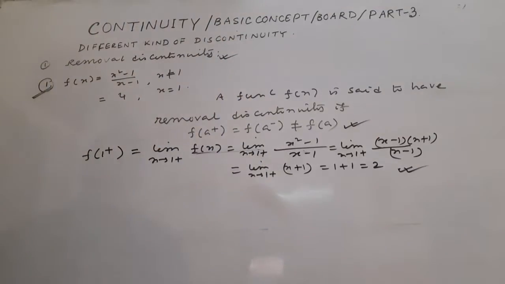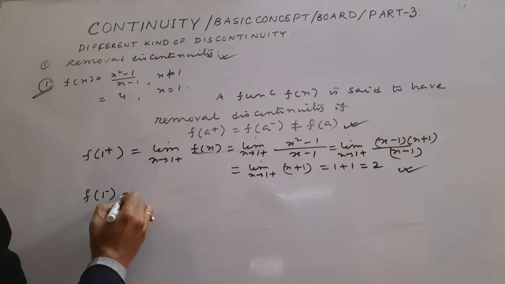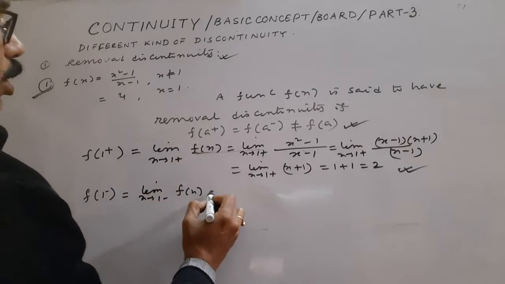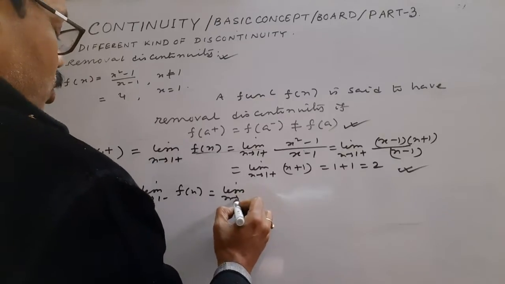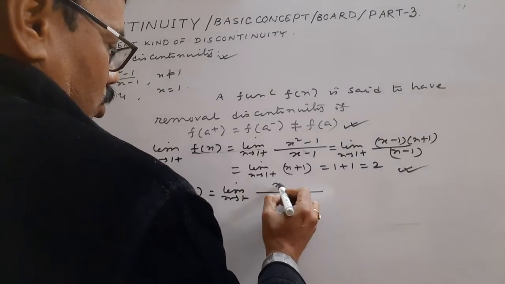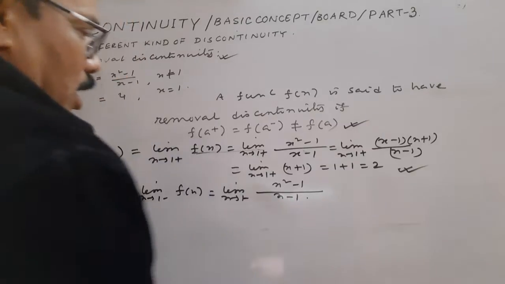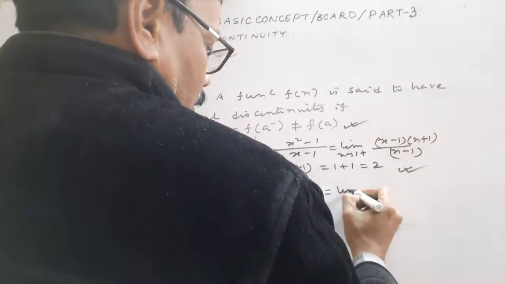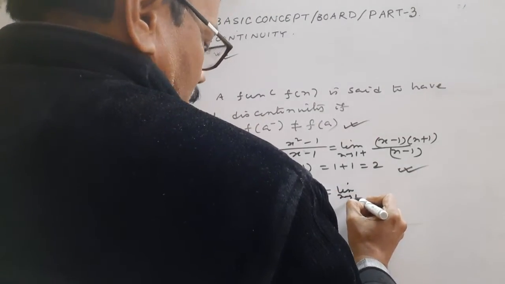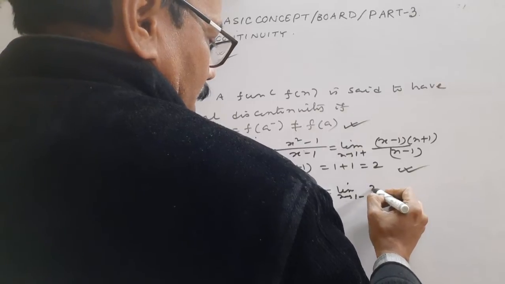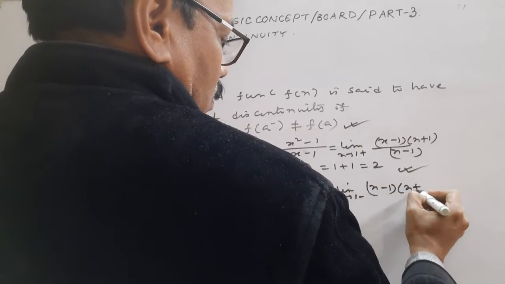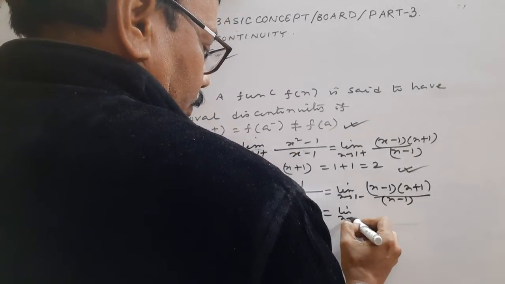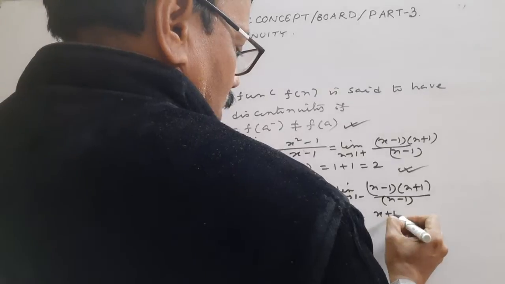Now the left hand limit, f(1-), equals limit x tends to 1- of f(x). So 1- means not equal to 1. So it is again (x² - 1)/(x - 1). Factorize, and exactly the same way you get (x - 1)(x + 1)/(x - 1), so x + 1.